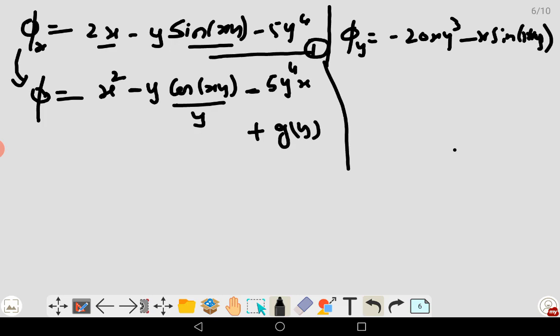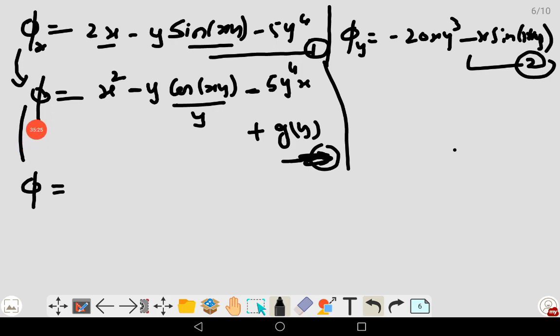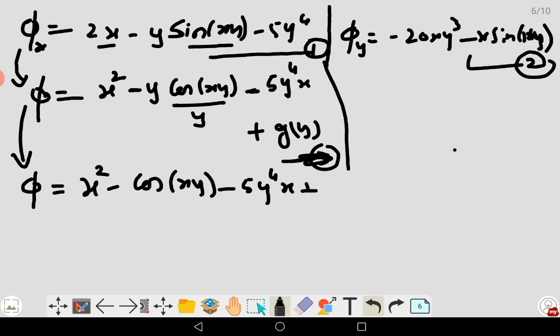So this is equation number 1, this is equation number 2, and this is equation number 3. Simplify equation 3 one more time: phi equals x squared minus cosine xy minus 5y raised to 4 times x plus g of y. If you know what g of y is, you got phi.